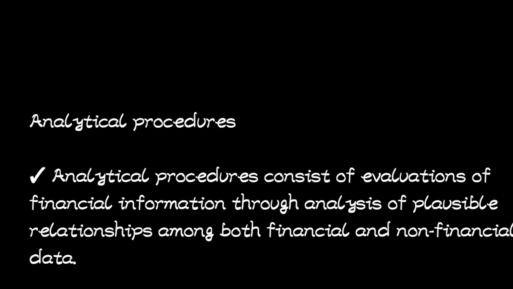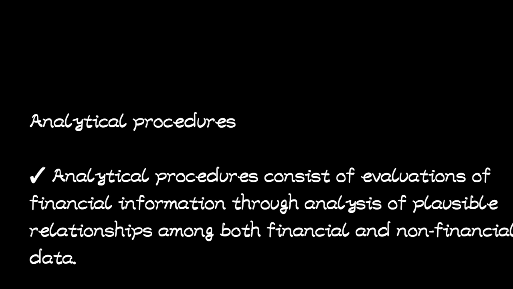And the last audit procedure is analytical procedures. This one consists of evaluation of financial information through analysis of plausible relationships between financial and non-financial data. You compare whether there is a relationship between the non-financial and the financial data.